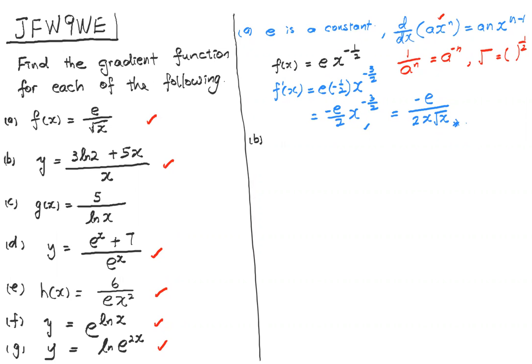I also must know that it doesn't mean everything with ln I must differentiate. No. 3 ln 2 is a constant. So you see, whenever I look at the question, I talk to myself.